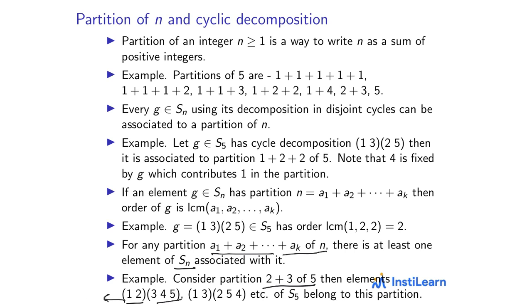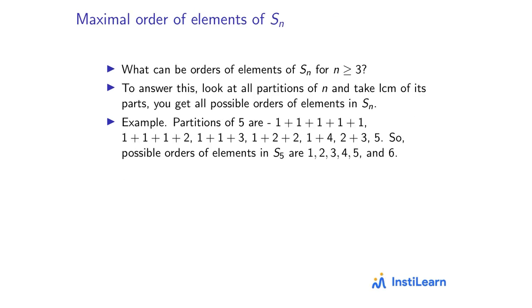So this 2-cycle gives the 2, and the 3-cycle gives us the 3. Similarly, (1 3)(2 5 4). This first cycle gives us the 2 and the second cycle gives us the 3. So they are associated with the partition 2 plus 3. Okay, so now you see how a partition of the number n is associated with the order of a permutation.